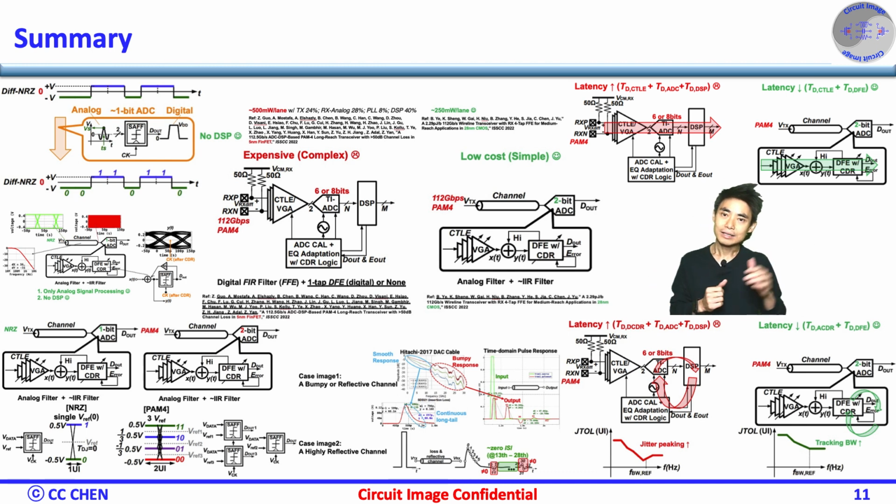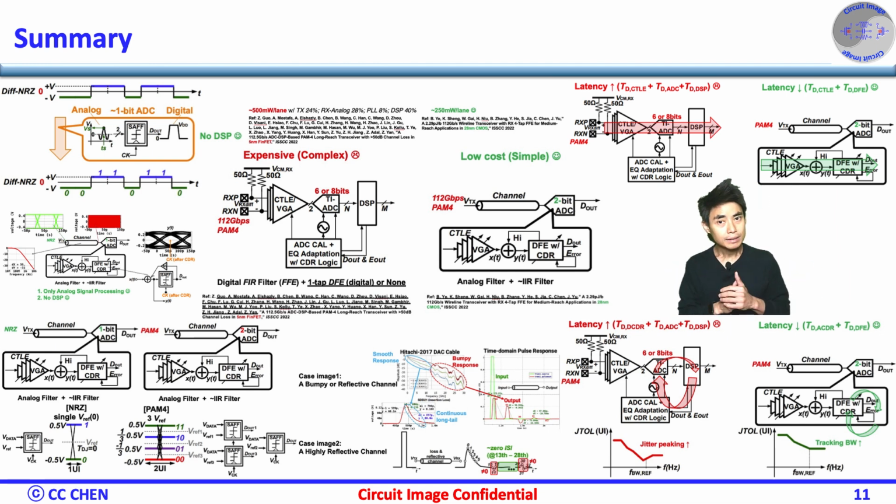Either the R&D cost or time-to-market delay is very expensive. Furthermore, the production cost of analog PAM4 RX is relatively cheap by using a relatively simpler design than a complex DSP in an expensive process node, 5nm or 3nm.